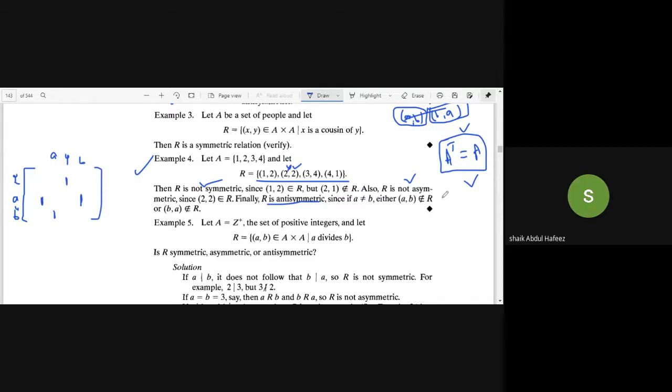Next, consider the asymmetric relation. By using matrix representation, how can we identify asymmetric? If a comma b is part of the relation, then b comma a should not be part of the relation.